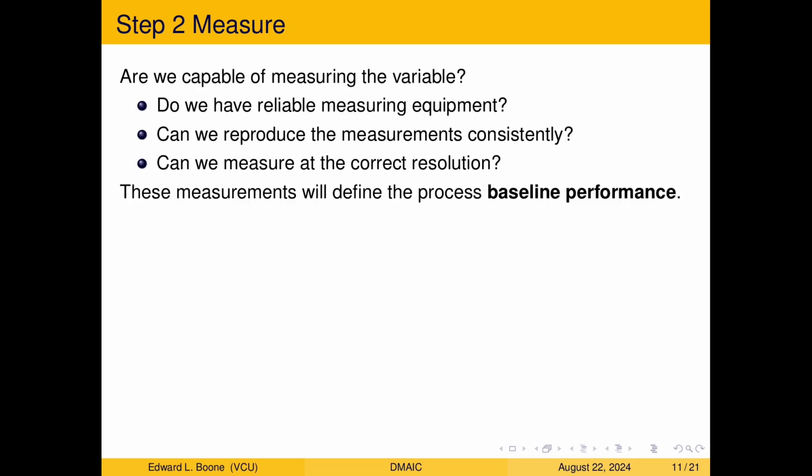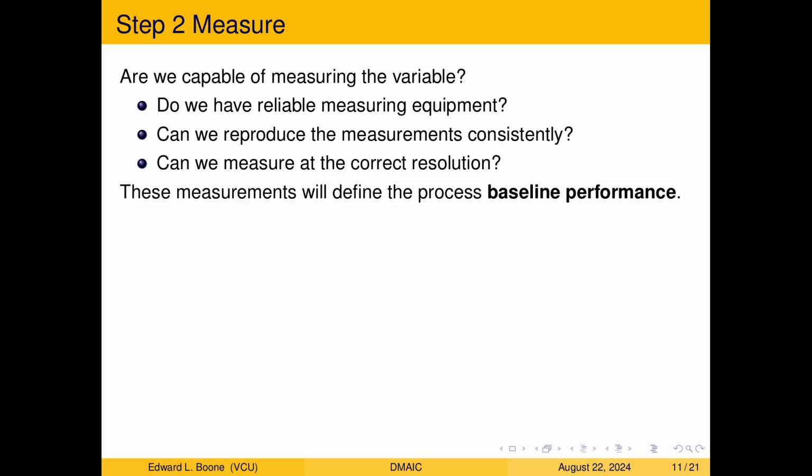Can we reproduce the measurements consistently? This would be like gauge R&R, reliability and reproducibility. So if I measure the same item multiple times on the same dimension, do I get the same number? I should get something that's really close to each other every single time, if not exactly the same.